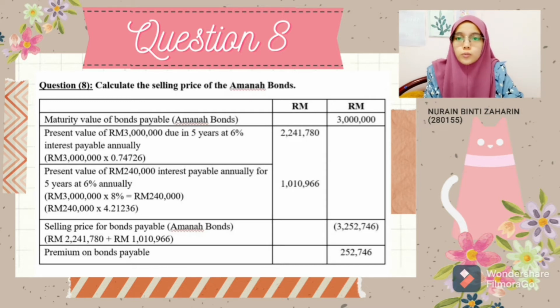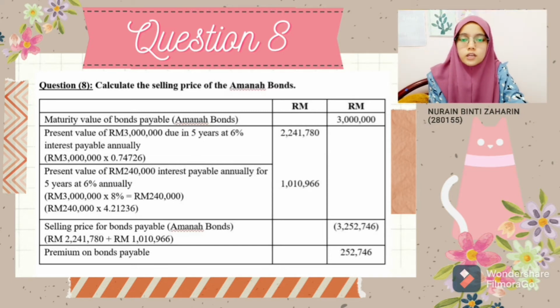Then we multiply with the 240,000 ringgit. Then we get the present value of 240,000 ringgit interest payable annually for 5 years at 6% annually, which is 1,010,966 ringgit.